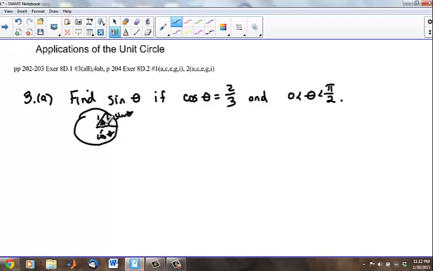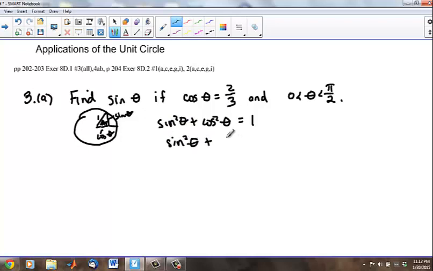So we can see using the Pythagorean theorem that sine squared theta plus cosine squared theta, the two legs of any right triangle, squared is equal to the hypotenuse squared, which here is 1 squared, or 1. So let's go ahead and use this formula to find sine theta.